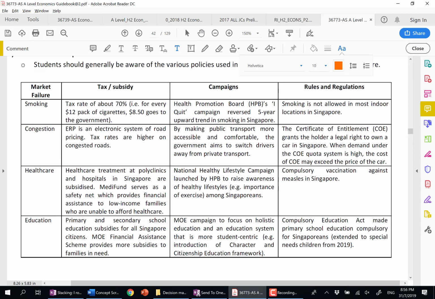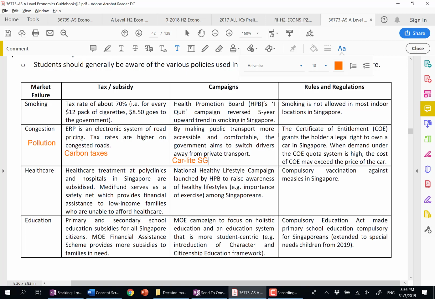If you're talking about car pollution, vehicle pollution, do you know Singapore actually has carbon taxes? So when you buy a car, you have to pay the carbon taxes also. Campaigns, Car Light Singapore, so we are encouraging people to take public transport.